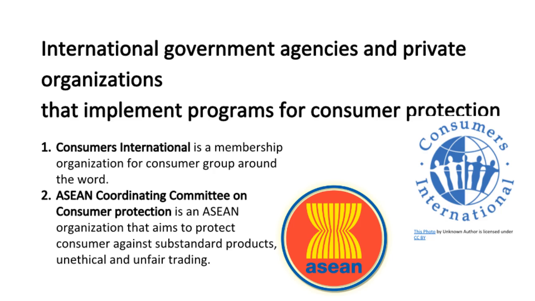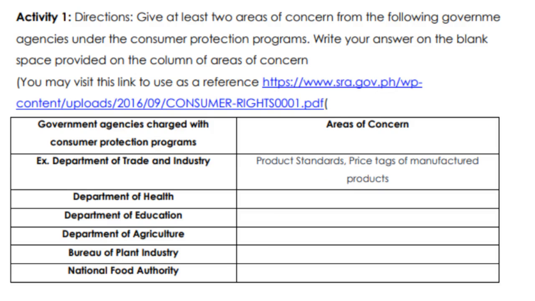Activity 1 for our Week 8 Health Grade 10. Directions: Give at least 2 areas of concern from the following government agencies under the consumer protection programs. Write your answers on the blank space provided on the column of areas of concern.